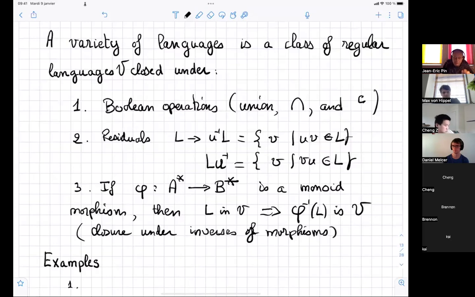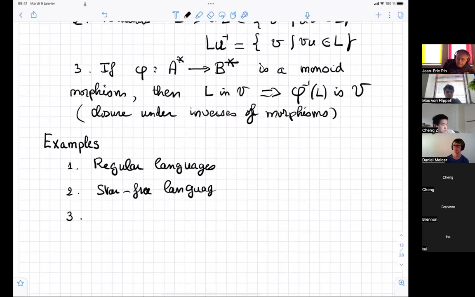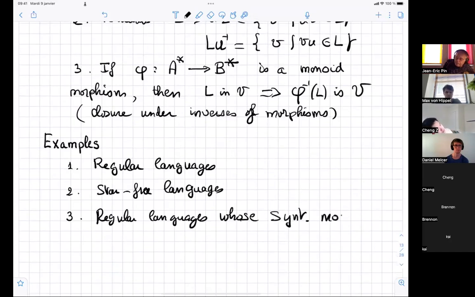Those are the abstract definitions. So you want examples. First example, regular languages. Second example, star-free languages. Third example, regular languages whose syntactic monoid is a finite group.